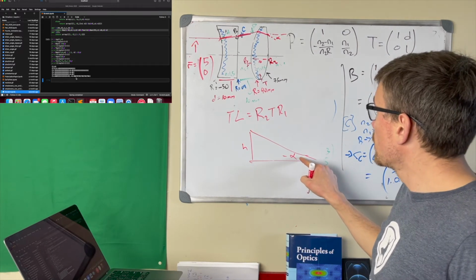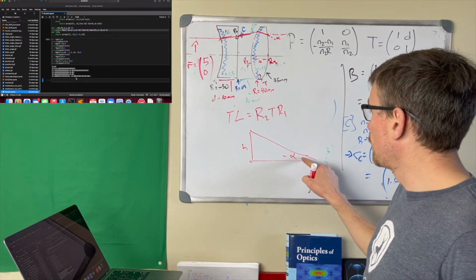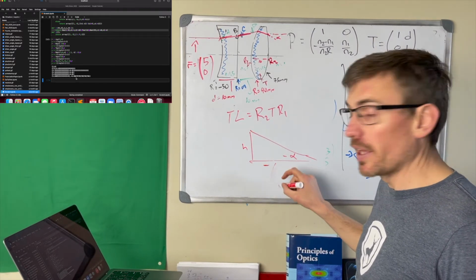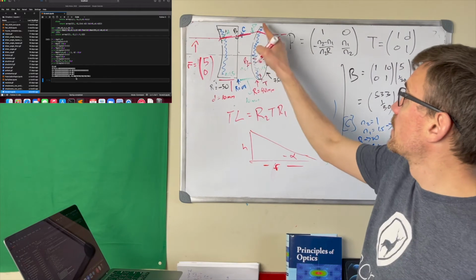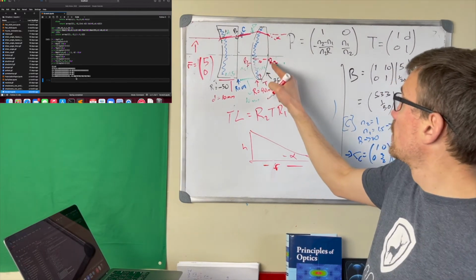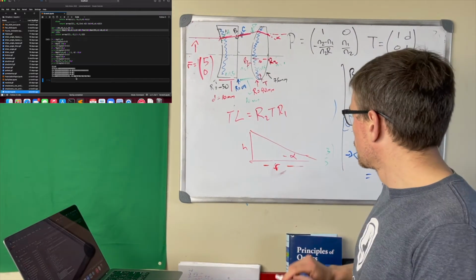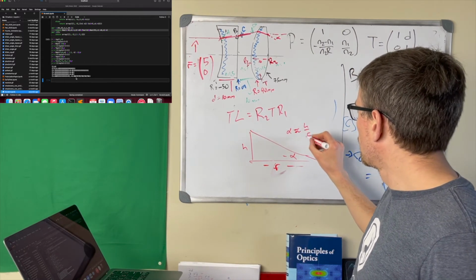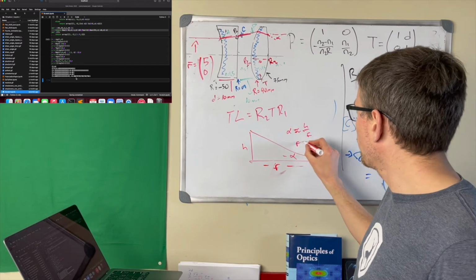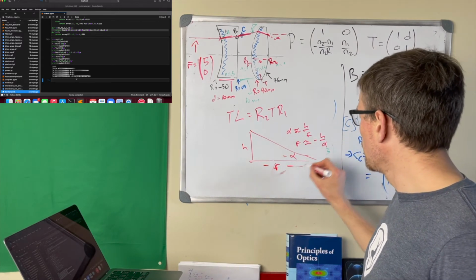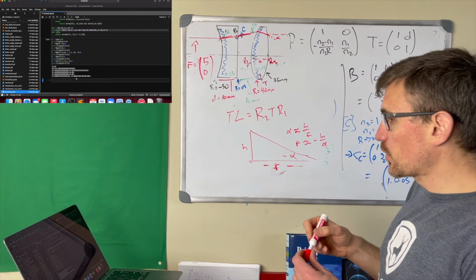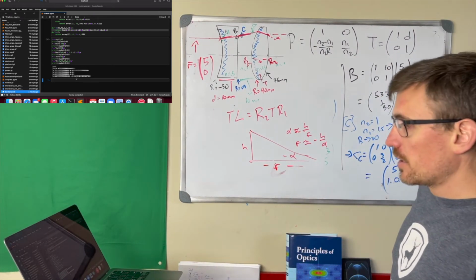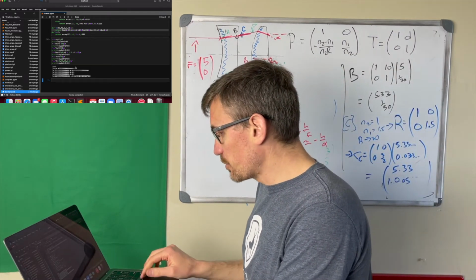So h is given by h over our distance, whatever that distance is, which we're going to call the focal length or the back focal length, the distance from the furthermost point in the lens system. So here we have alpha is approximately equal to minus h over f. So f is approximately equal to minus h over alpha, and that's going to be whatever we found for h and for alpha. So let's just print that out.